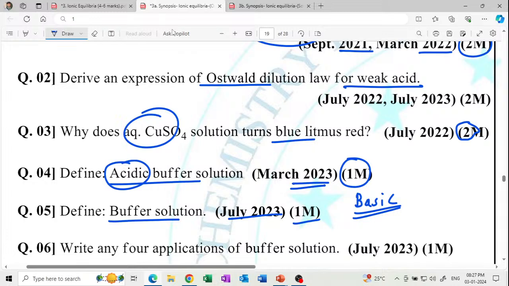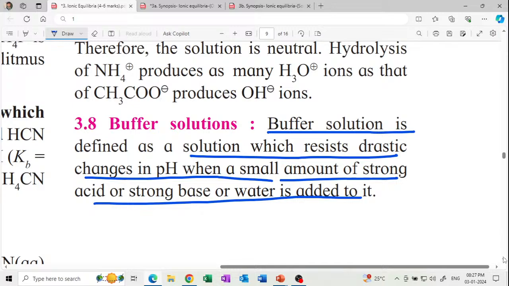Get it? Yes, this is the definition of the buffer solution. Next, write any 4 applications of buffer solution. At least you should be able to write 4 applications of buffer solutions.